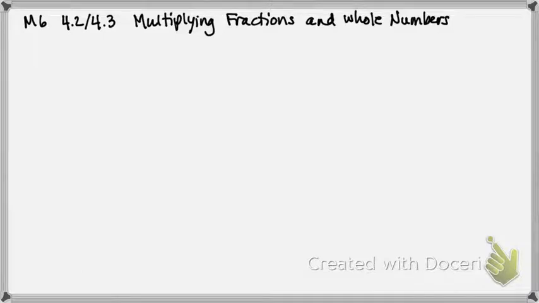So regardless of what kind of math you've got going on, regardless of what your numbers look like, the process is the same. So number one, you must have two fractions. So if your two numbers are not fractions, then you need to convert them into fractions.